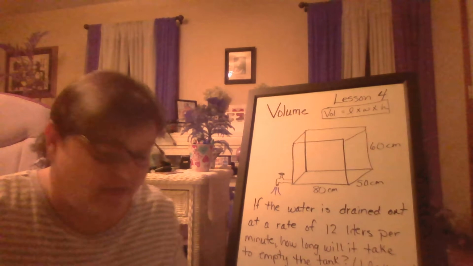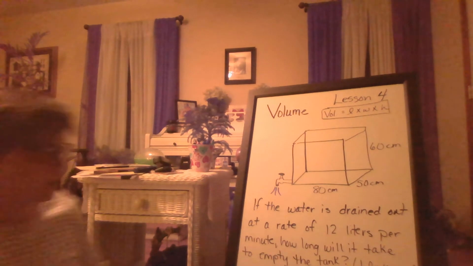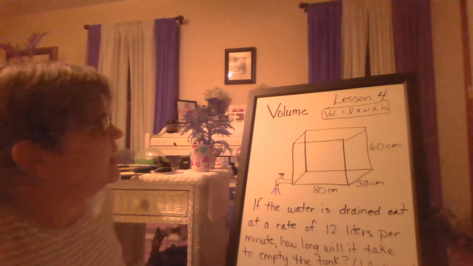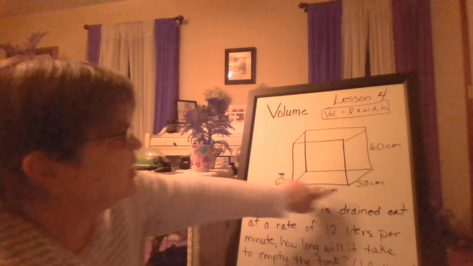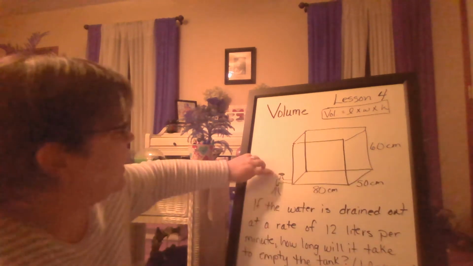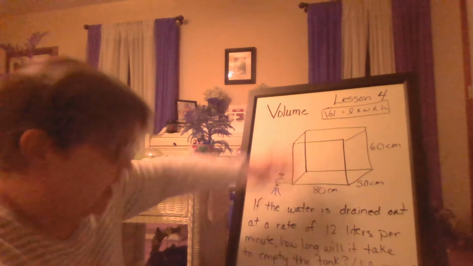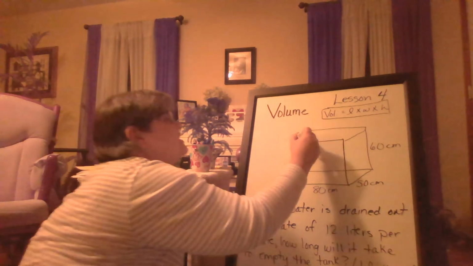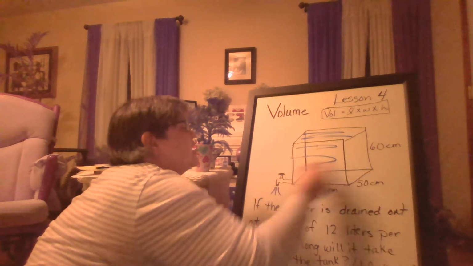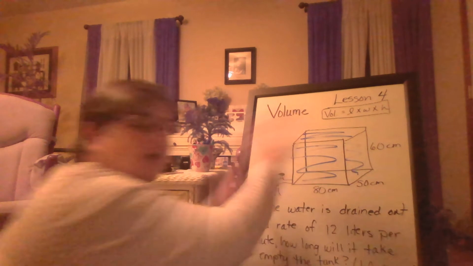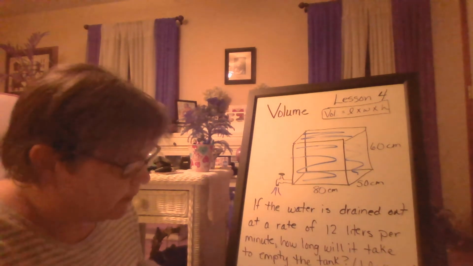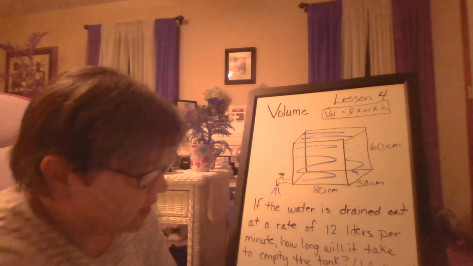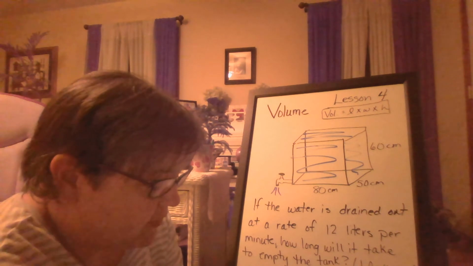So here we have a tank. Here's my tank. Our tank is 80 by 50 by 60. And here's our little faucet. And our tank is filled to the brim with water. So you can't see it, but it's filled up. So a rectangular tank measures 80 by 50 by 60.